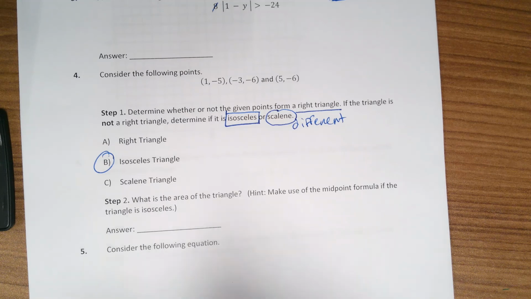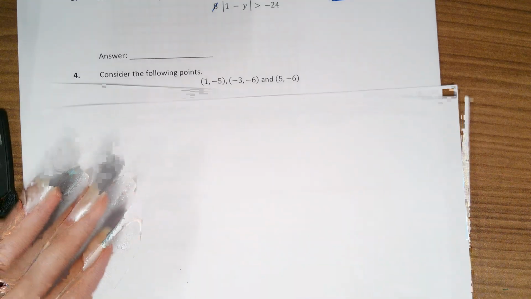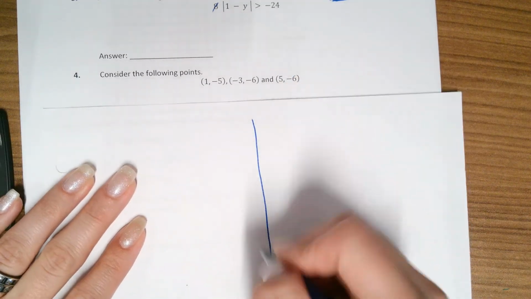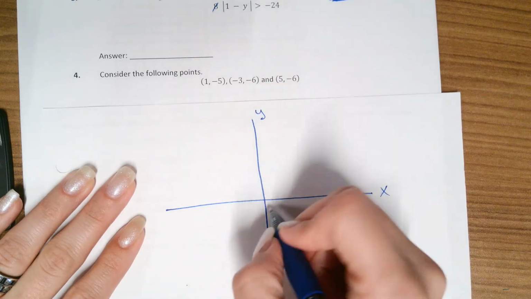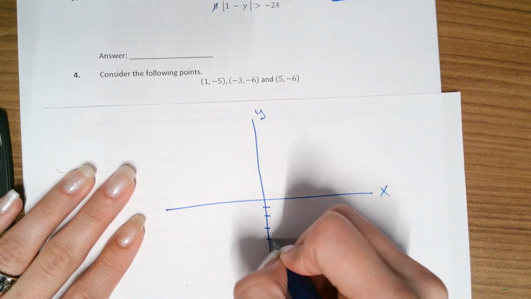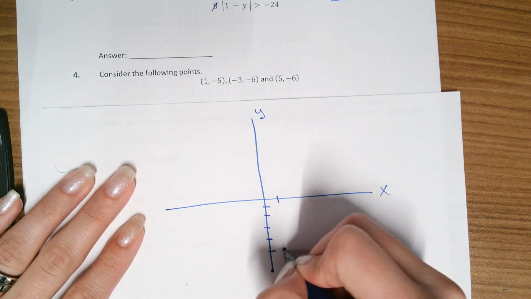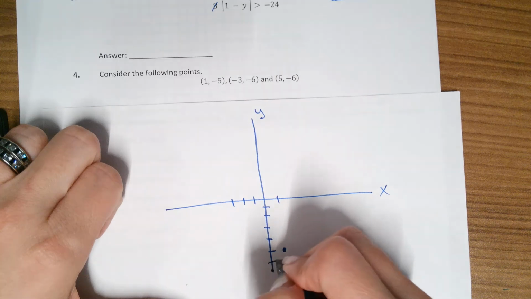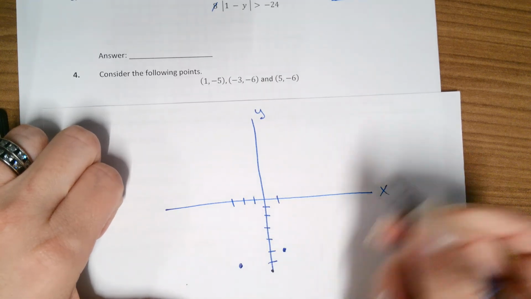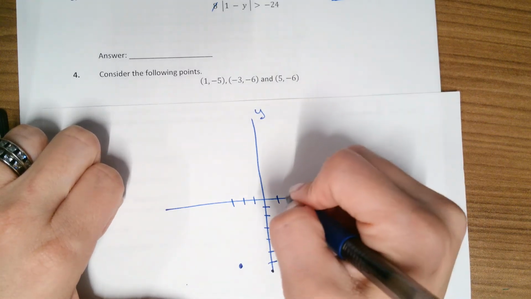let me draw a picture real quick. So I'm going to go ahead and plot these points on a graph so we can get a better idea of what's going on. I have 1, -5, this point right here, -3, -6, and 5, -6.